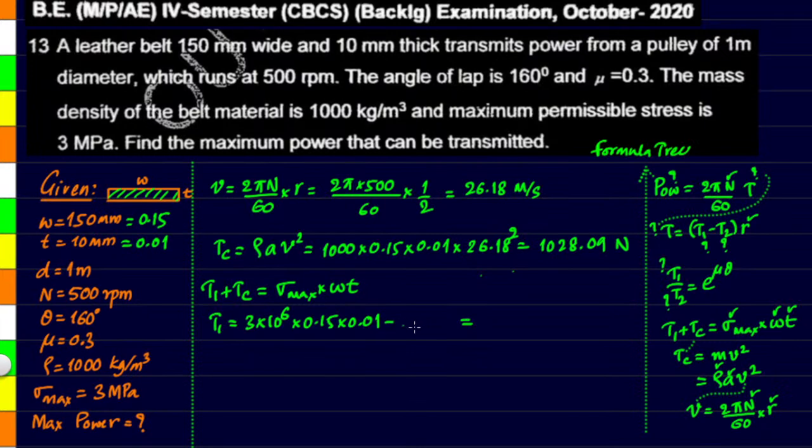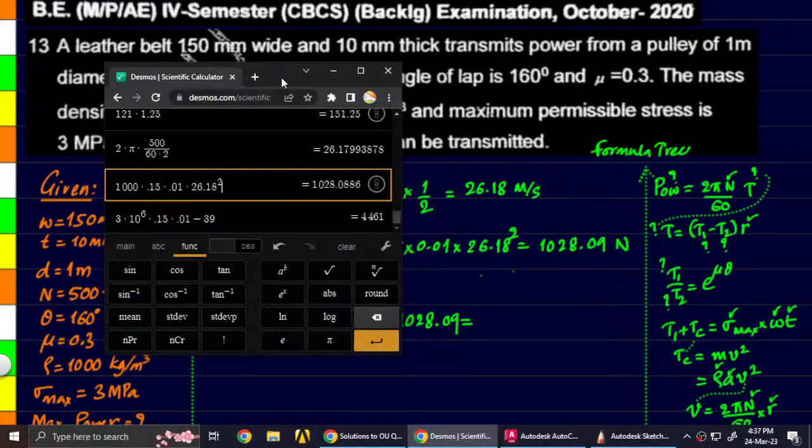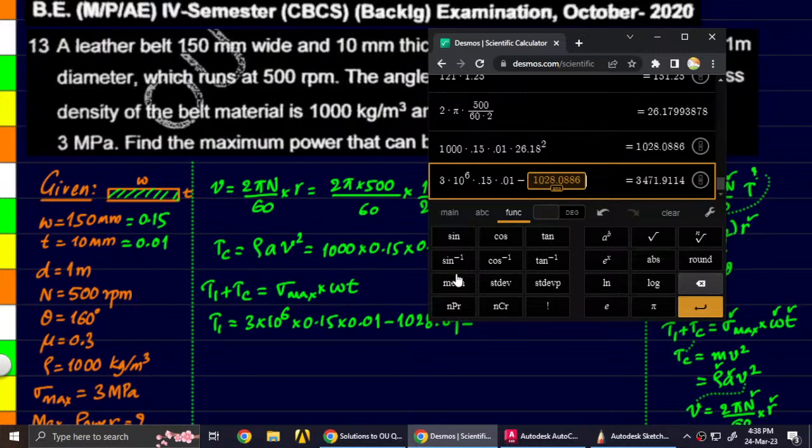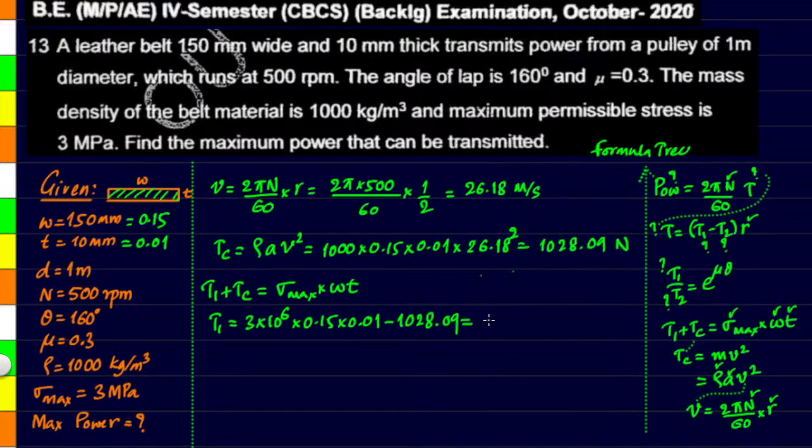This is in newtons, and the same value should come over here, and that we have to take over here. All right, so that gives us 3471.91 in newtons. So that is the tension on the tight side.